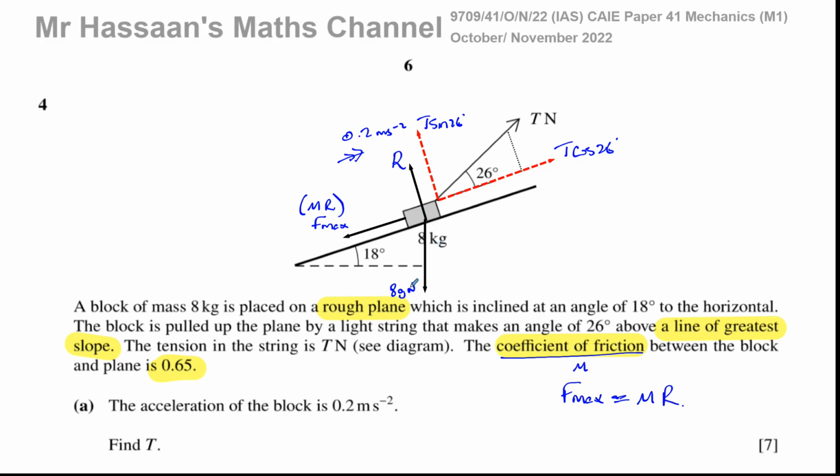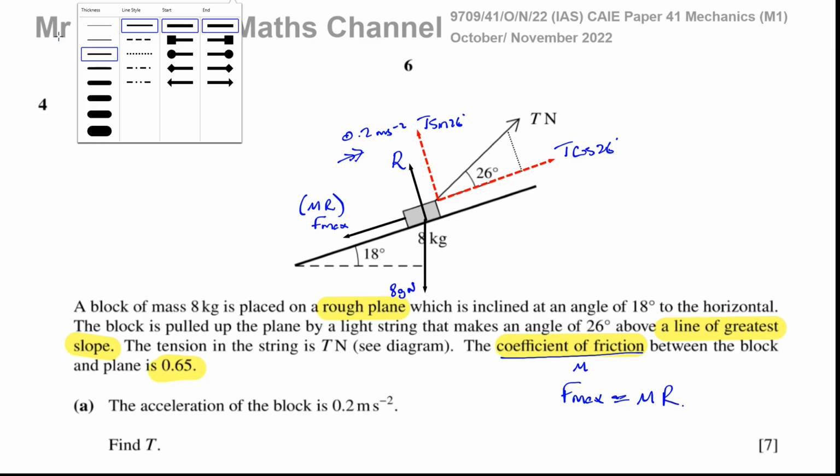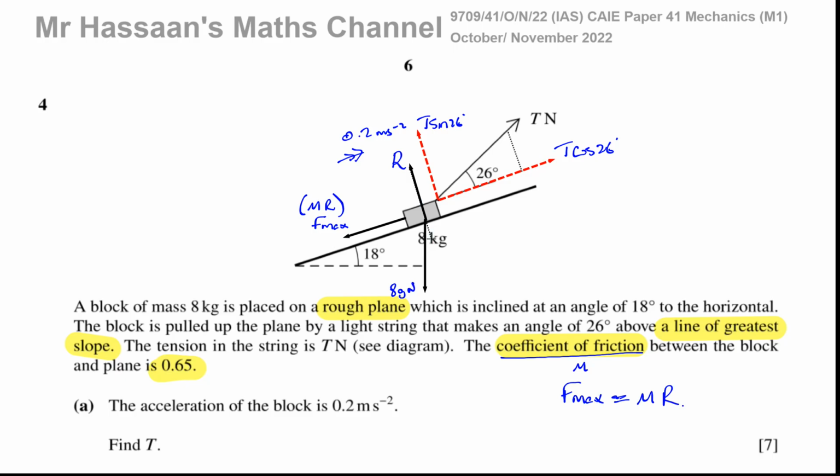I'm going to do the same for the weight now. I'm going to resolve the weight in this direction here, which is going into the angle given. First, let me explain what the angle is, because that's another thing a lot of students don't understand.